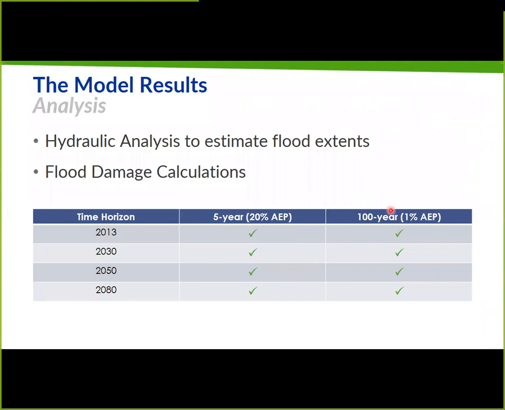Now, one key thing I'll mention is that for today's design standard, the 5-year event, and the major system being the 100-year event, one of the things that was interesting is that the 2080 5-year event, so that's the design standard that they expect to have in the future, is actually almost equivalent to today's 100-year event. So the implications of that are very significant.